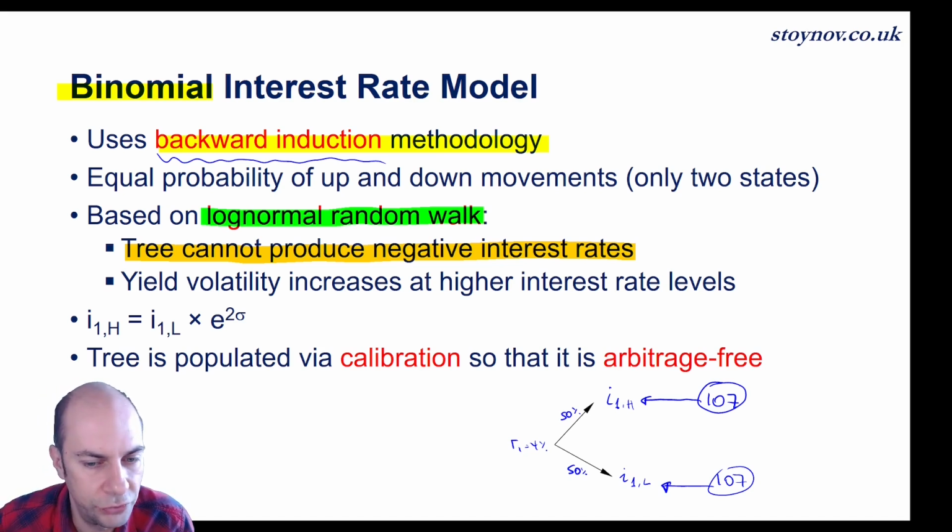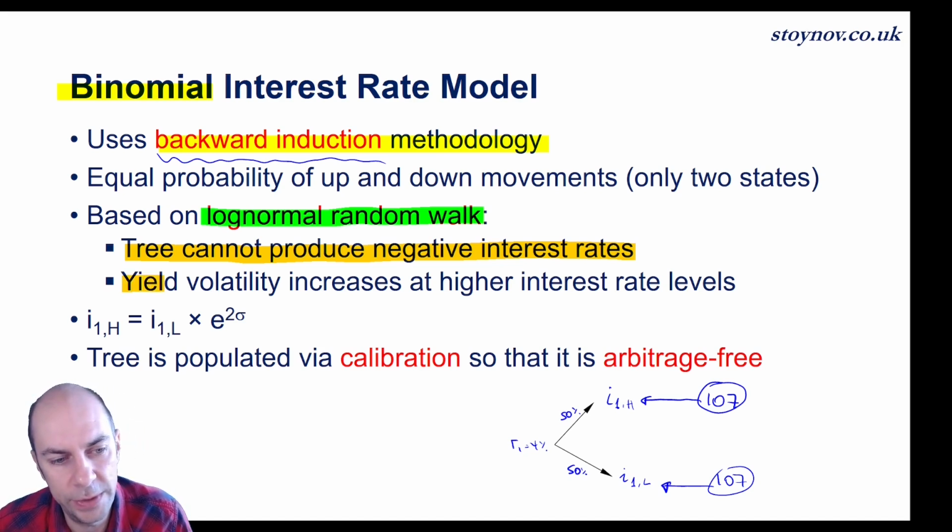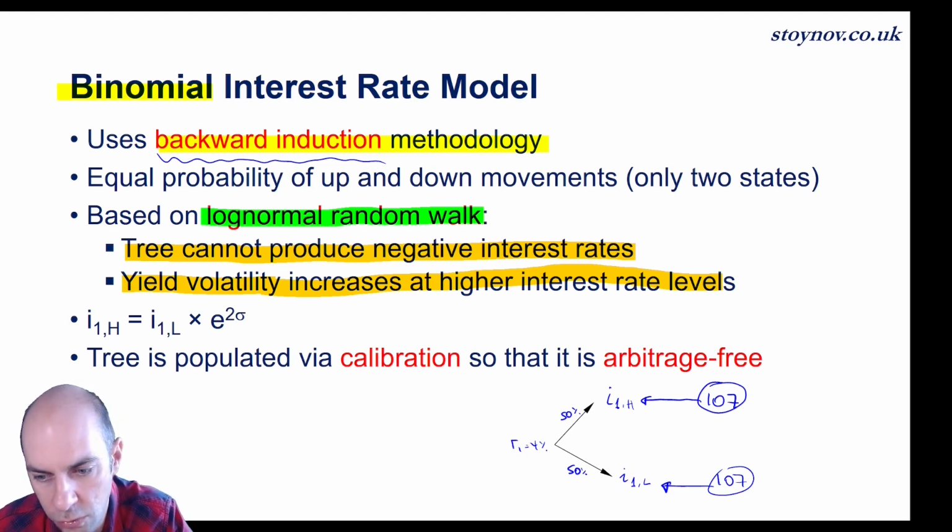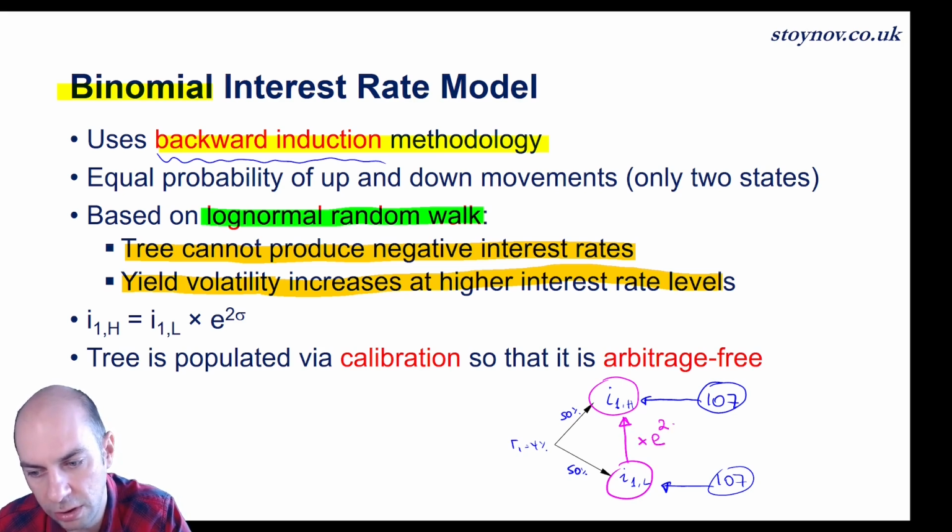Also, what the tree will do is it will assume a certain yield volatility, let's say 10%, and that yield volatility will be used to derive the various rates in the tree. And I've given you here a little example of the mathematics. You can derive the higher interest rate at node 1 from the lower interest rate at node 1 simply by taking the lower interest rate and multiplying by e to the power of 2 sigma.